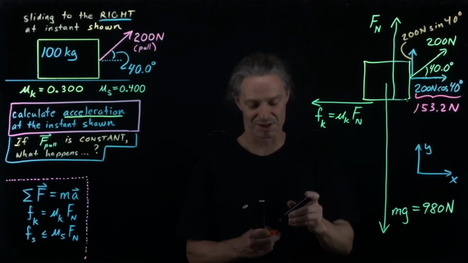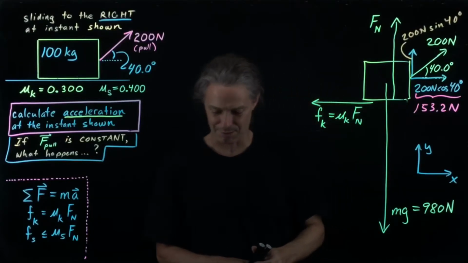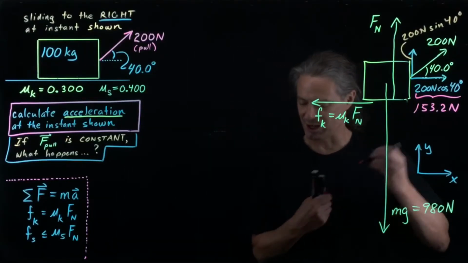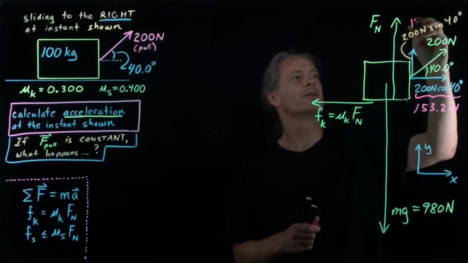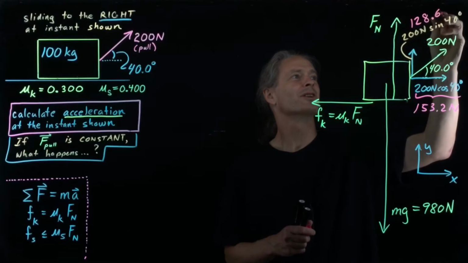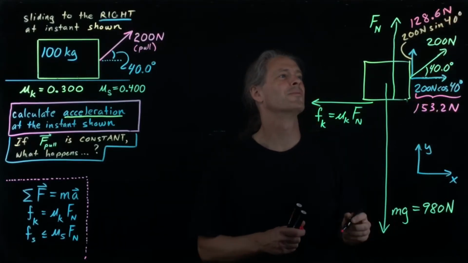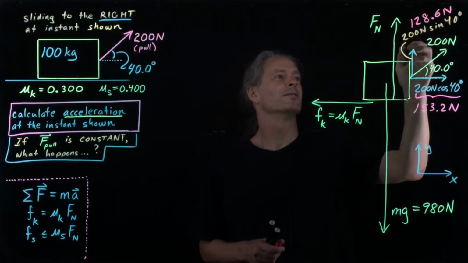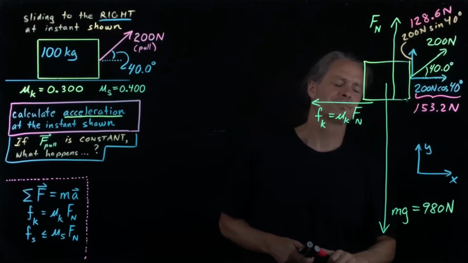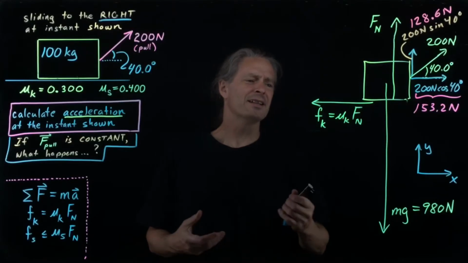Again, 40.0, just being sloppy and giving myself some extra space. If I multiply that out, that's 128.6 newtons. All right, so this is just rewriting that. Great. And that's as far as we can go.